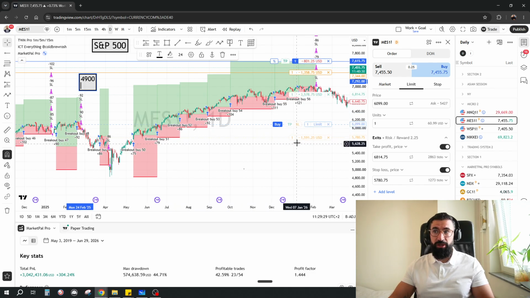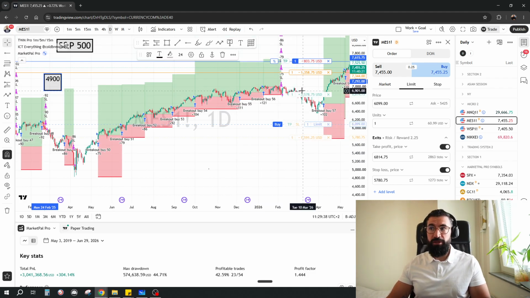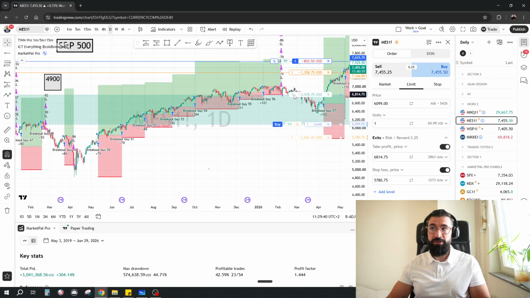So the second trade was 1,500, let's say 1,600 in the stop loss area, and this is what it would have given us right there in this stop loss area, 3,500.